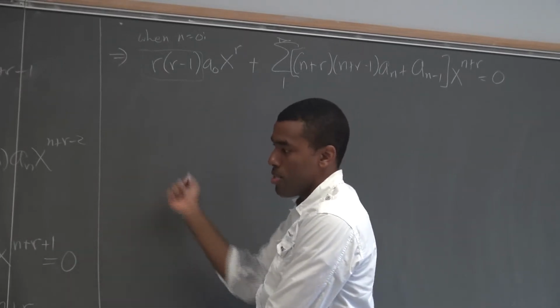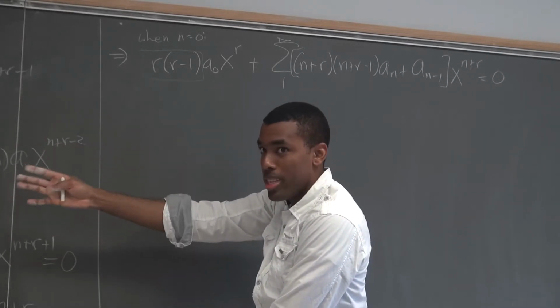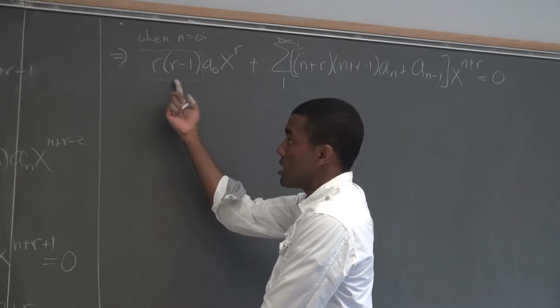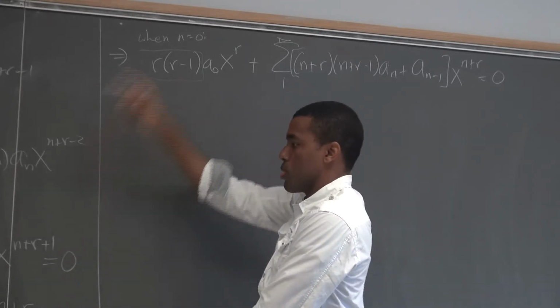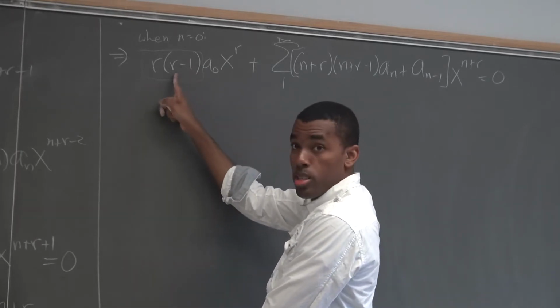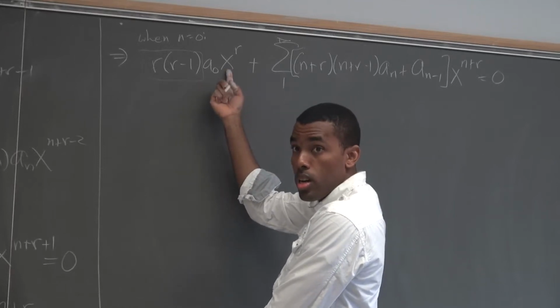But if you evaluate some terms and you don't get back the indicial equation, you made a mistake somewhere. You need to go back and check something. You might not see this if you just assume it goes from negative infinity. But if you start to shift indexes, this guy should pop out. The left side of your indicial equation will always be the coefficient of x to the r.